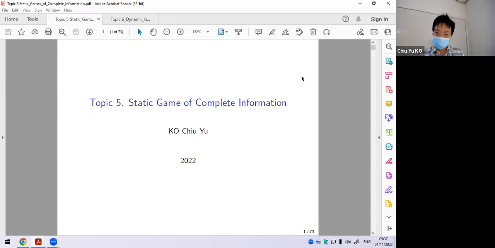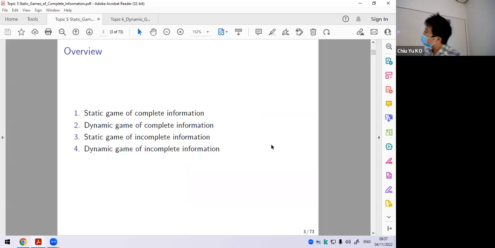So, just a very brief review of game theory. We just focus on these four main areas that are covered in standard game theory textbooks. Of course, as I mentioned last class, there are things related to cooperative game theory which we don't cover. The idea of cooperative game theory is like the core we talk about in general equilibrium.